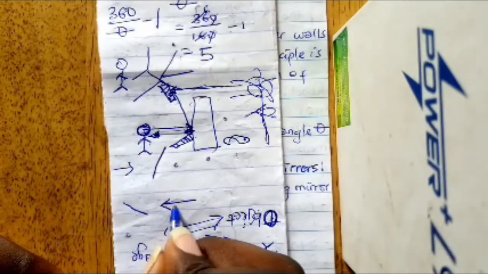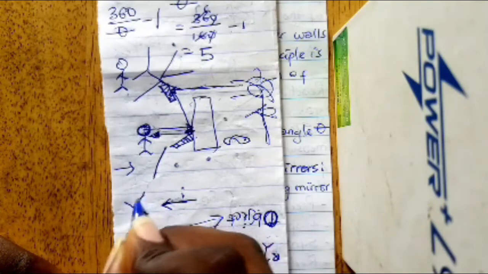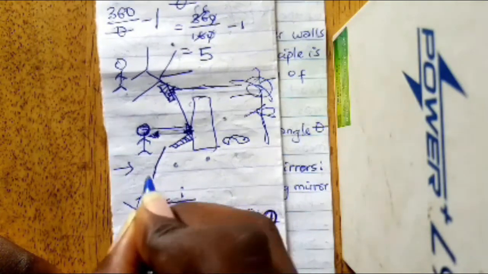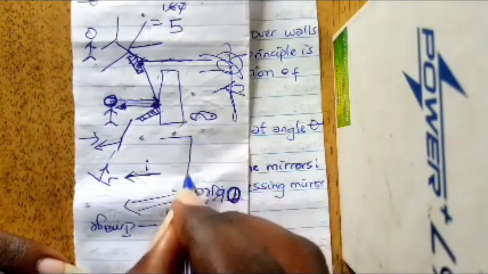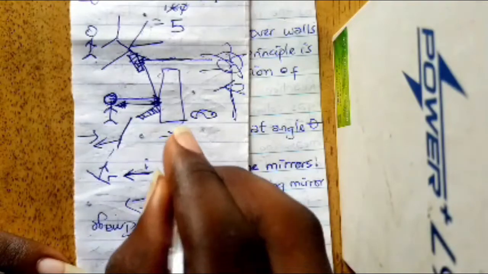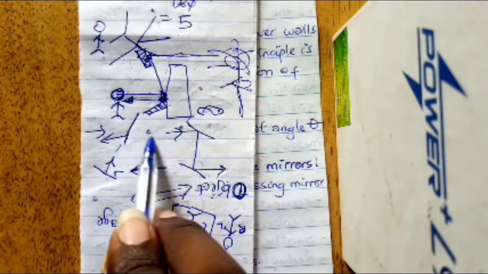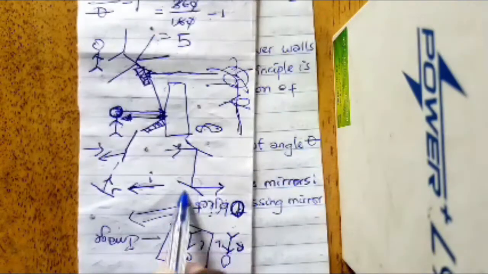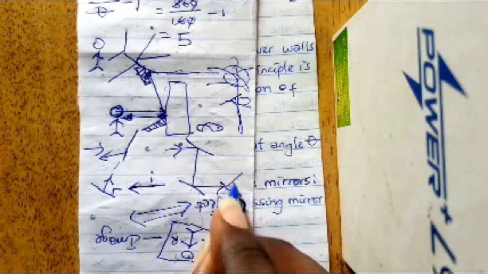The incident wave is reflected here to another mirror and also reflected back to the viewer. It's a simple principle of light waves which is due to reflection.